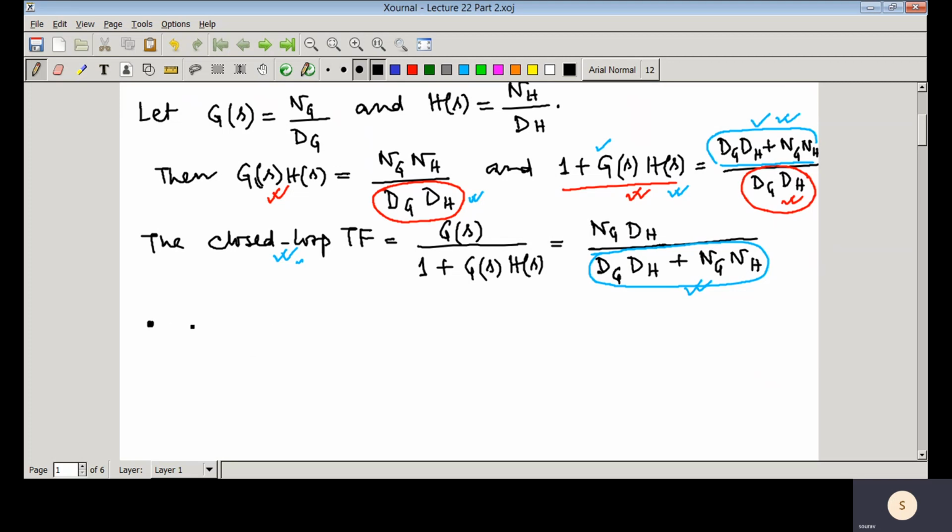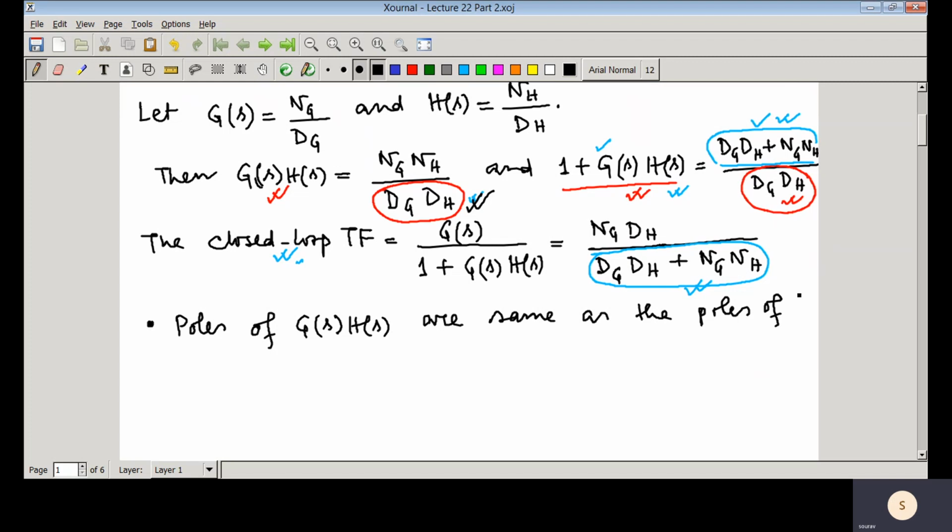The first point: the poles of G(s)H(s), that is the roots of DG DH, are the same as the poles of 1 plus G(s)H(s).